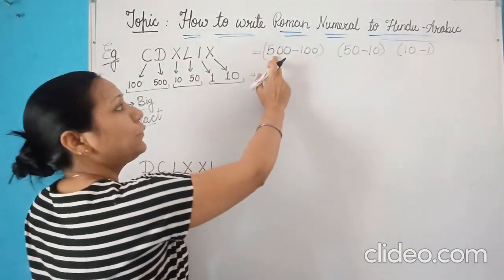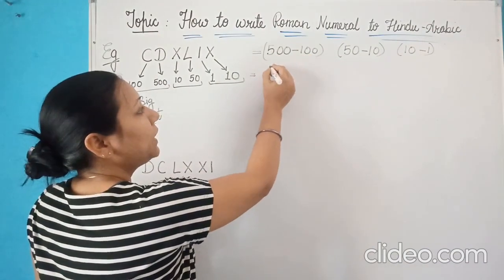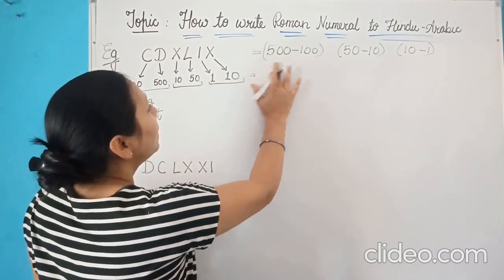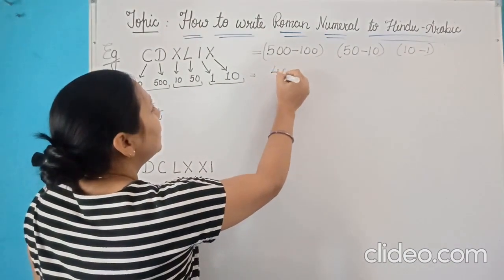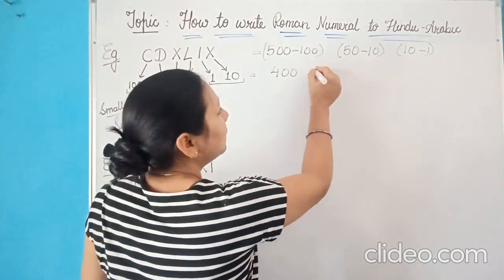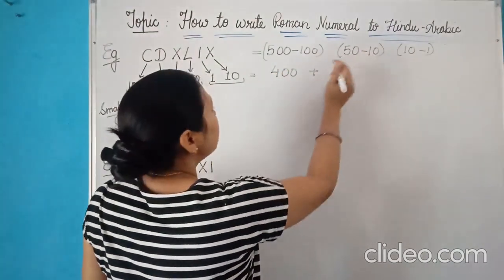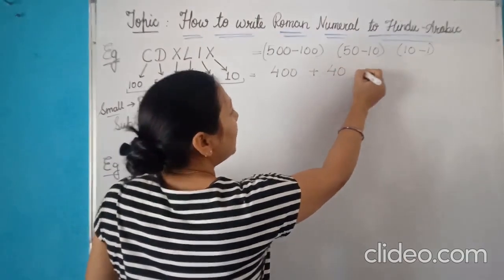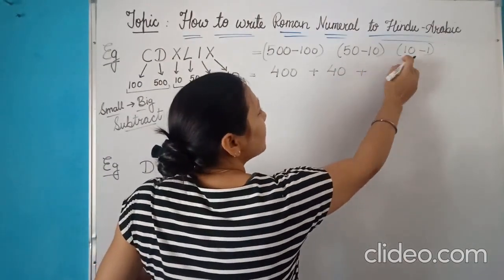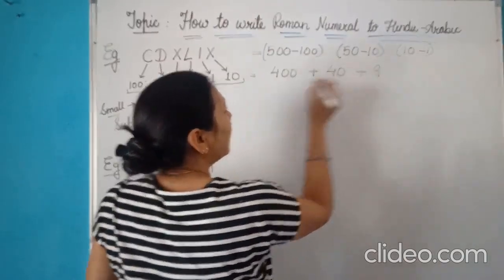Now what is the value for 500 minus 100? It is 400. Similarly, 50 minus 10 is 40, and 10 minus 1 is 9.